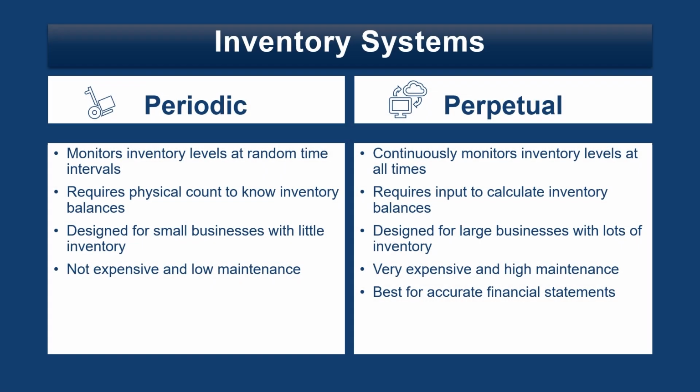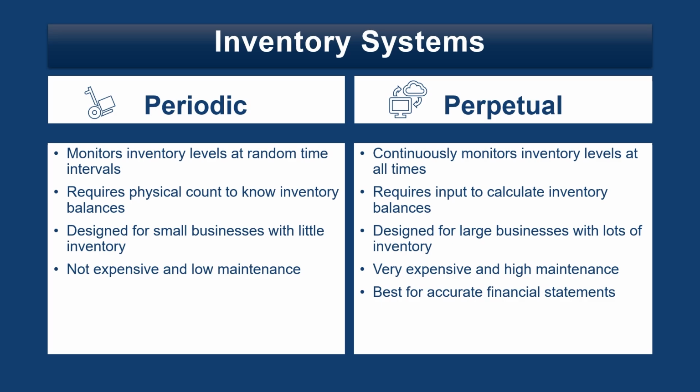So a perpetual system saves them a ton of time and money because they know exactly how much cash they have on the shelf at all times. So this one is going to be best if you want accurate financial statements at all times, where you can look and see how much inventory you have and say, okay, we have $1.2 million in inventory. You can't do that with a periodic system. You have to actually physically count the inventory to know what that valuation is.